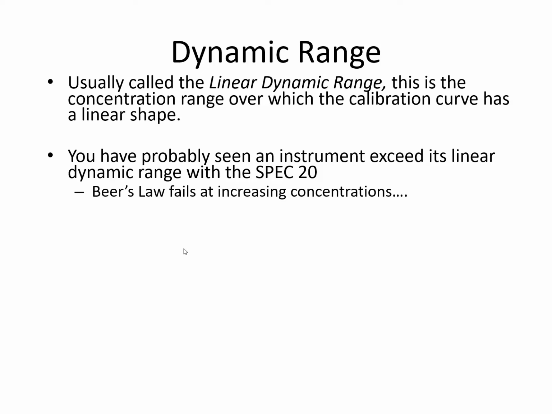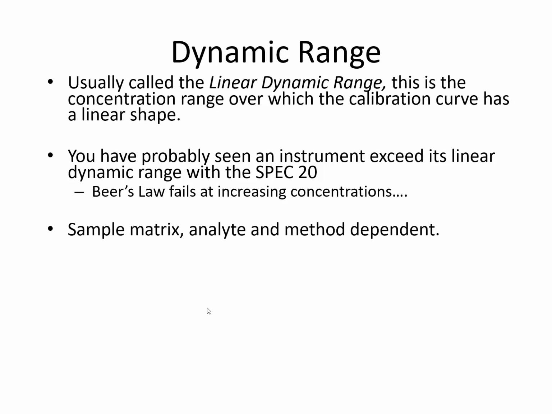Now, remember what a dynamic range is. It's a linear dynamic range. It is the concentration range over which the calibration curve has a linear shape. Normally, outside that linear range, Beer's law fails at increasing concentrations. It might fail because of the sample matrix, or because of the analyte or the method development, where the method has not been developed well, or analyte interactions.